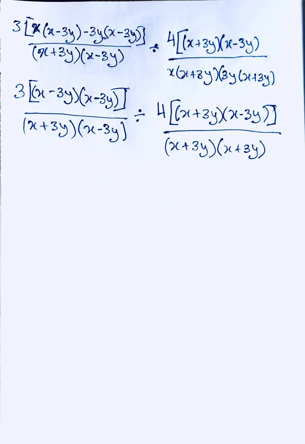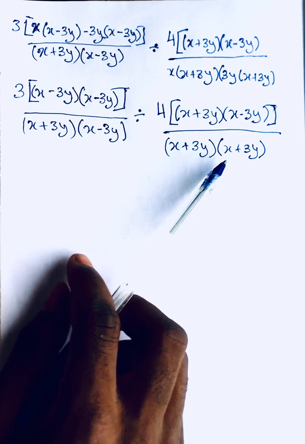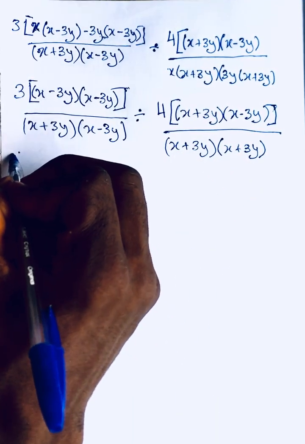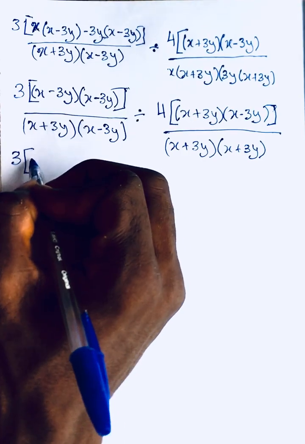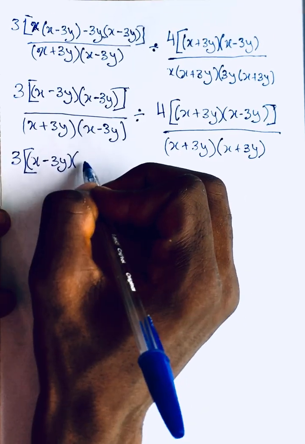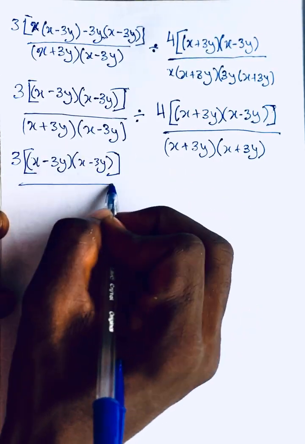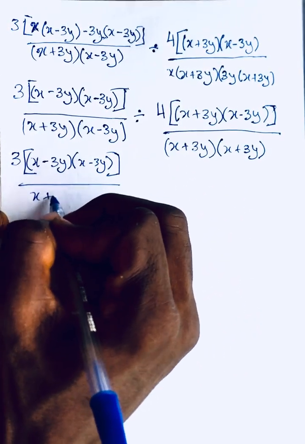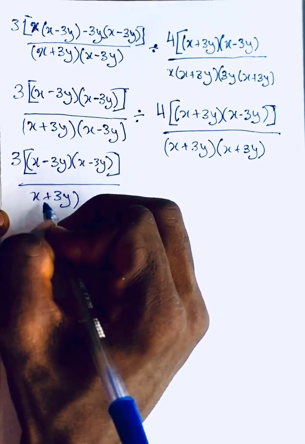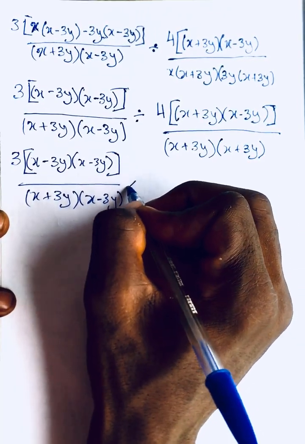So at this point, we are going to do what? We know that when a fraction is dividing by another fraction, we maintain the first fraction and find the reciprocal of the second fraction. So it will be 3x minus 3y, x minus 3y, all divided by what? x plus 3y, x minus 3y, times what?